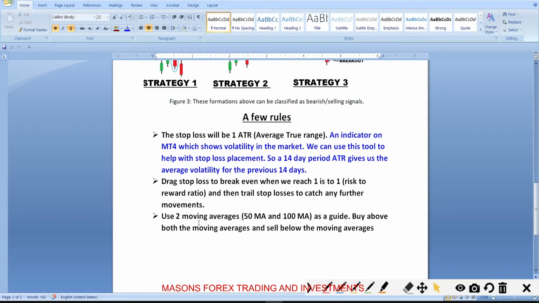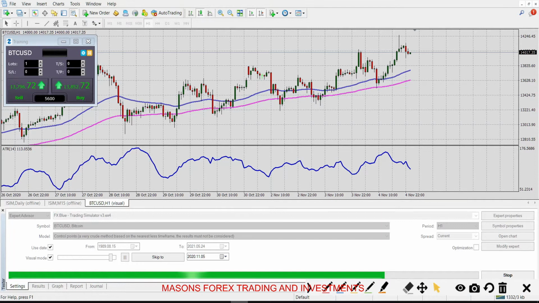We're going to use 2 moving averages, a 50 moving average and a 100 moving average as a guide. We're going to buy above both the moving averages, and we're going to sell below the moving averages if there's an opportunity to sell. We have a 2 candle pullback and a breakout candle.